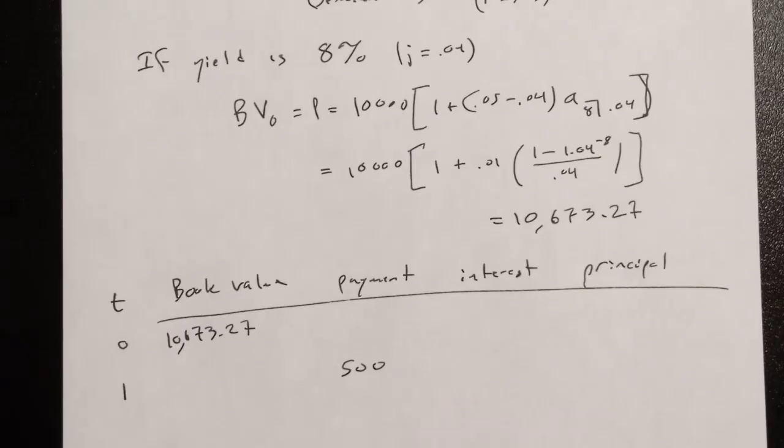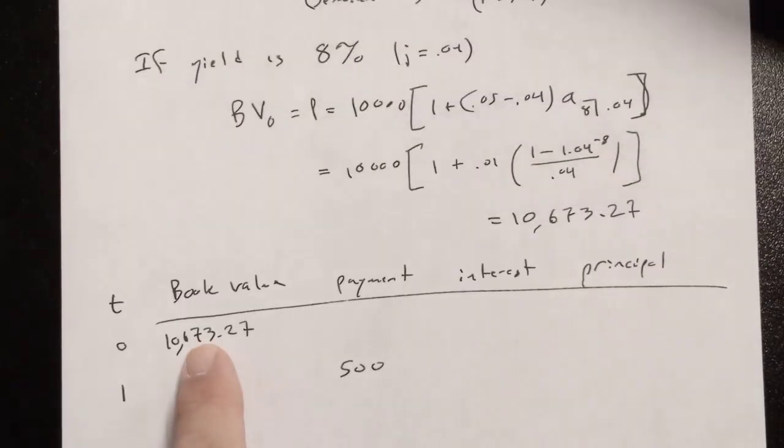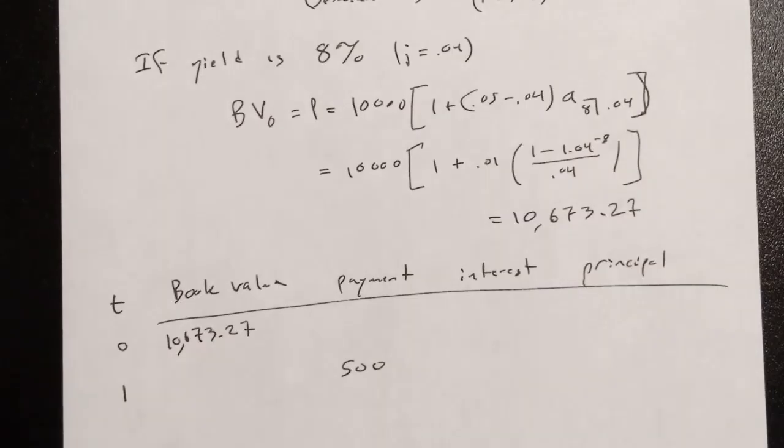Now, the amount of interest is the book value times the yield rate. So that's 4%. So I take this 10,673.27, multiply by 0.04, and that's the amount of interest I pay, which is how much?